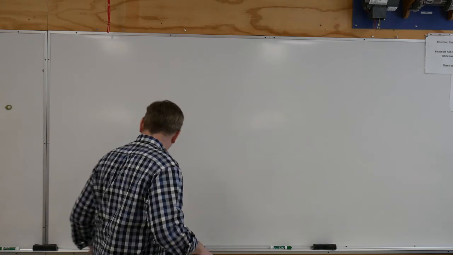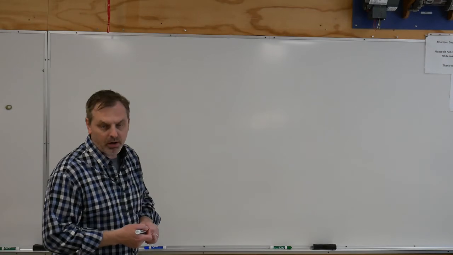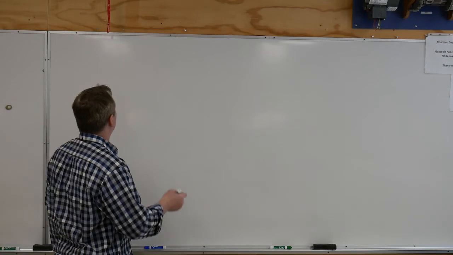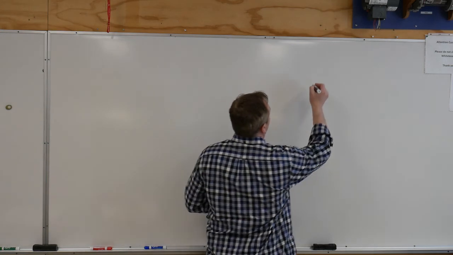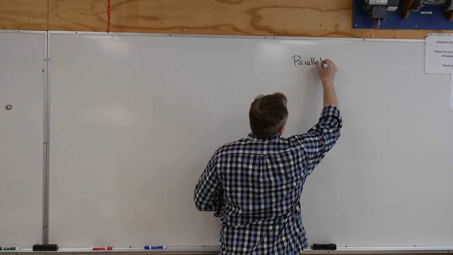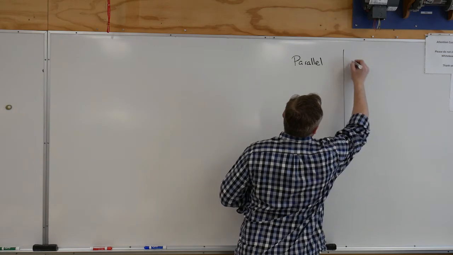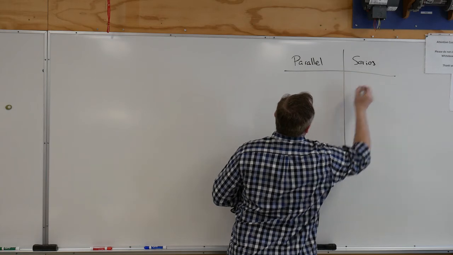Now, first off, we can review the rules of parallel circuits. So the rules of parallel circuits and series circuits, if we put those over here, parallel versus series rules.